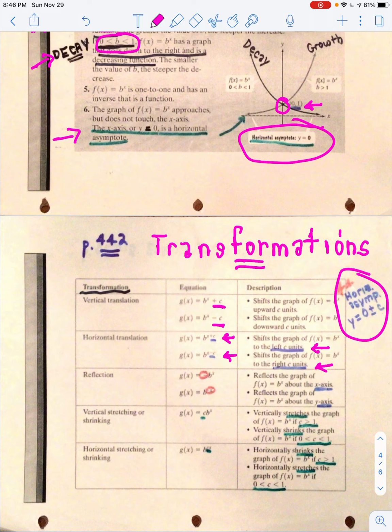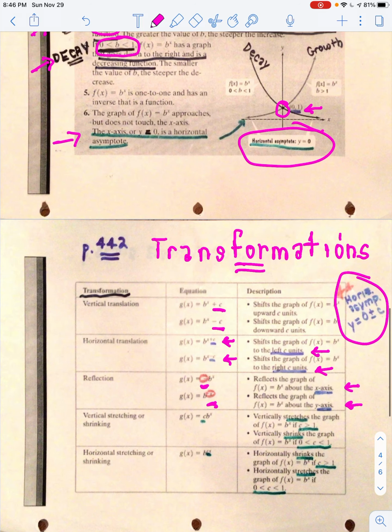Reflections. When you have the opposite of the base raised to the x, that's going to reflect the graph over the x-axis, whereas the base raised to the opposite of x is going to reflect that graph over the y-axis. Then you have the stretching and shrinking.